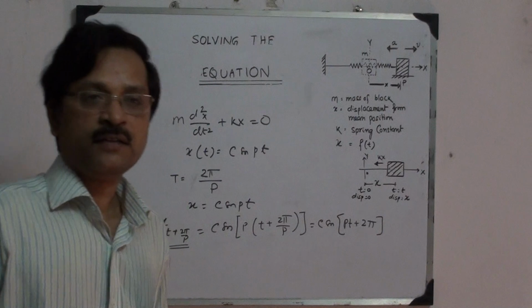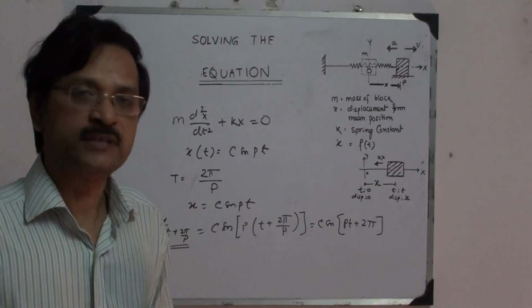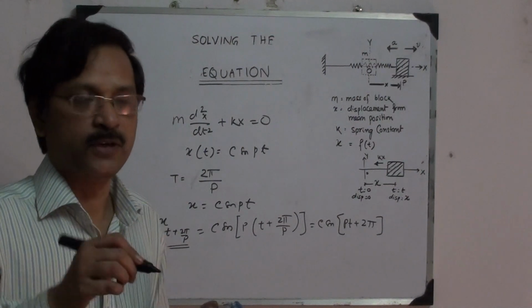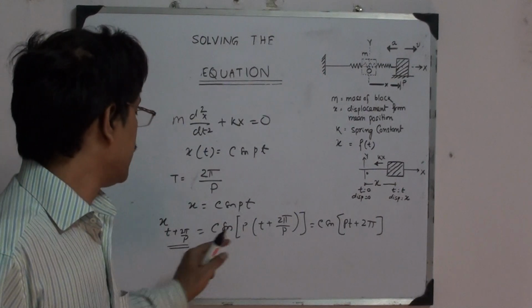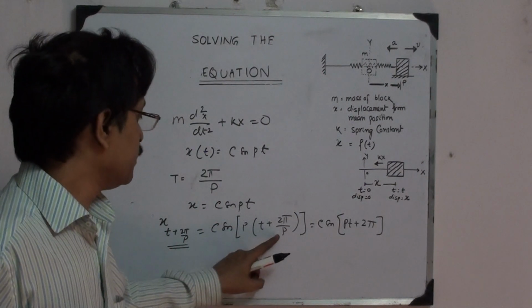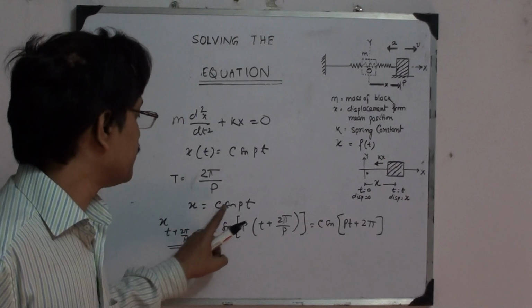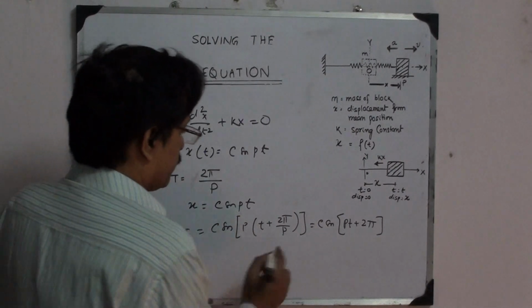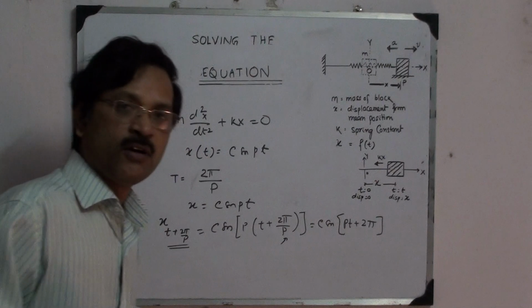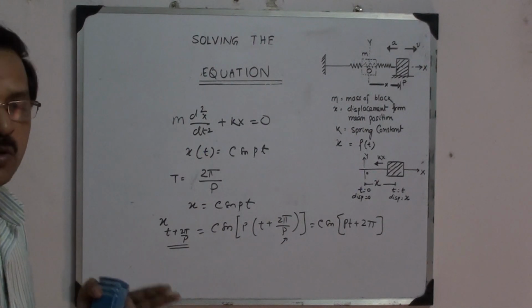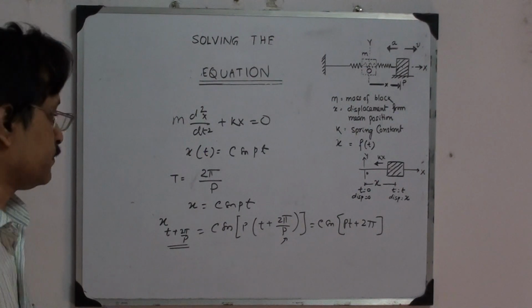Sine theta is same as sine 2 pi plus theta because it just completes a full revolution. So you can see that after 2 pi by p time the displacement repeats itself. So this term is appropriately called the time period of motion in case of SHM.